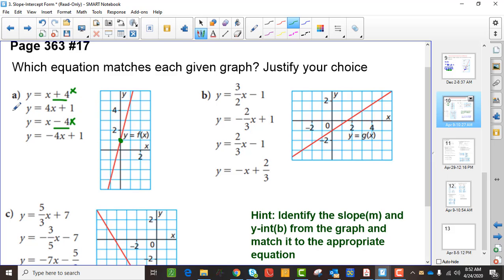And of these two, these are my two options. This slope is negative, that slope is positive. So if I run 1, I rise 1, 2, 3, 4. So I rise 4 when I run 1. That means the slope is positive 4, so it's this equation that matches that graph. So that's the idea. Just identify the slope and the y-intercept, and then you can go on from there to get the equation.